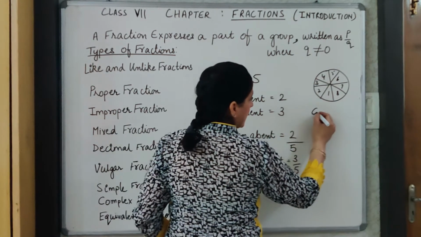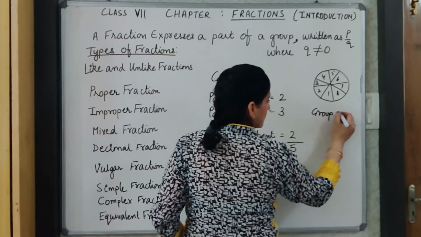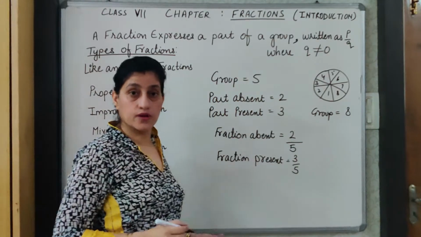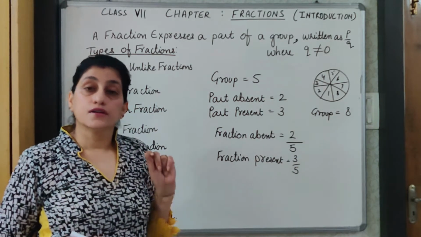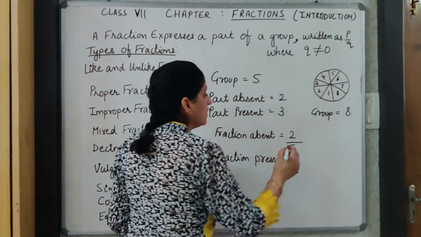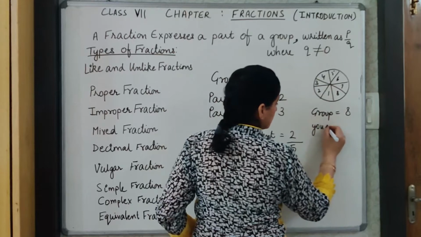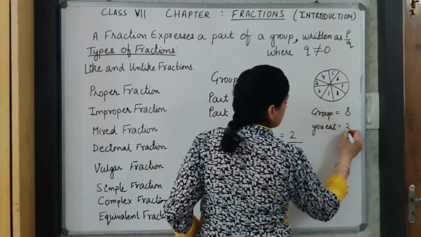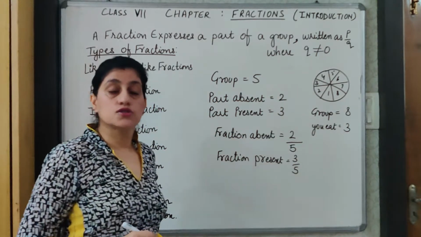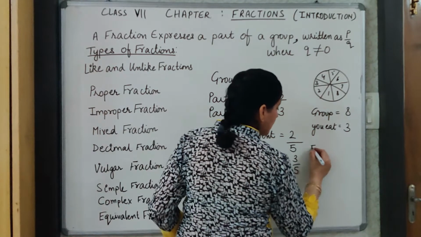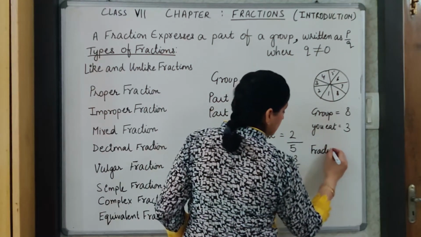This cake has a group of 8 pieces. And you like cakes, so you come and out of these 8 pieces you eat suppose 3 pieces.